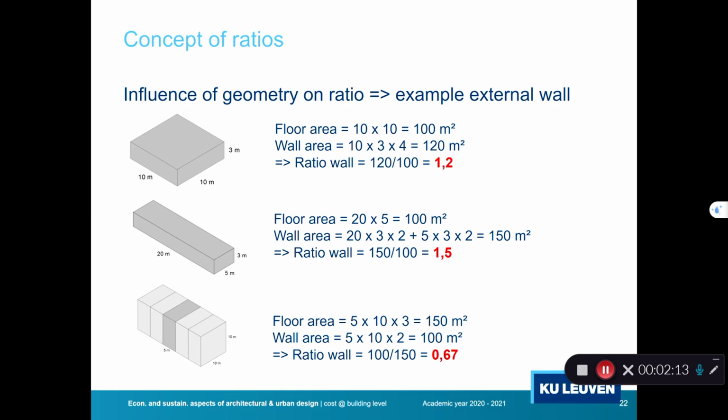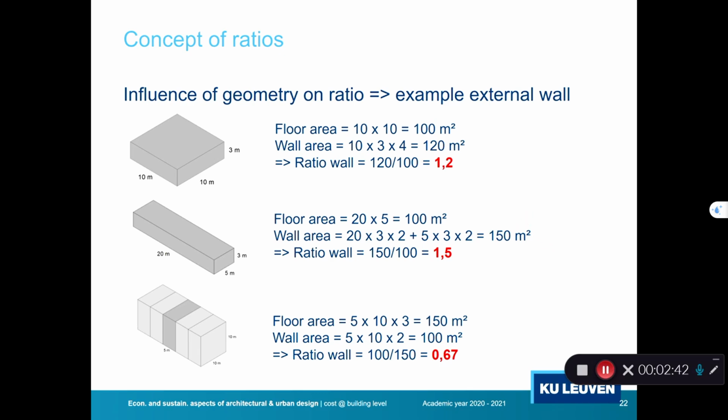The same calculation is done for the second example, where the floor area is again 100 square meters, but now the external wall area is larger. We have a front facade of 60 square meters, 20 by 3, the same for the back facade, so 60 square meters, and two side facades of 5 by 3, 15 square meters, multiplied by 2, so 30 square meters.